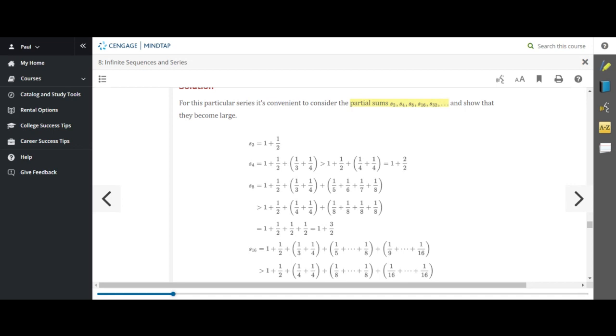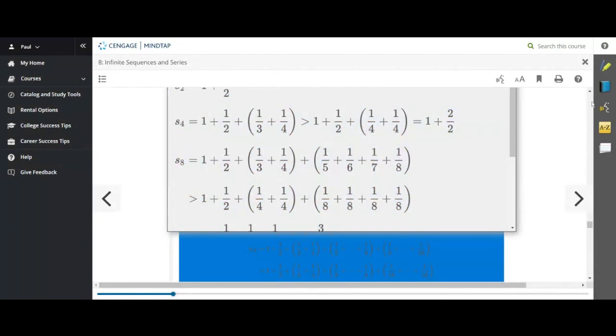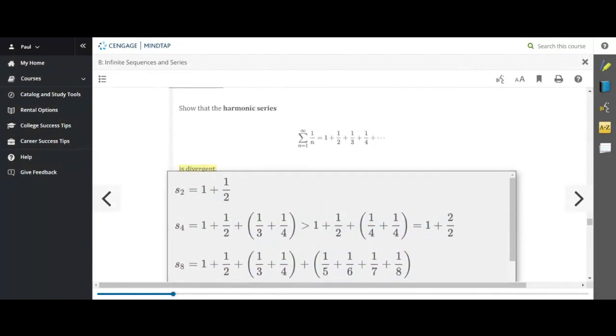Okay, what we're going to do is consider partial sums S2, S4, S8, S16, S sub 32. So S sub 2 is the sum of the first 2 terms, which is 1 plus a half. That's 3/2, right? S sub 4 would be the sum, looking down here in the box, of the first 4 terms, which is 1 plus 1/2 plus 1/3 plus 1/4.